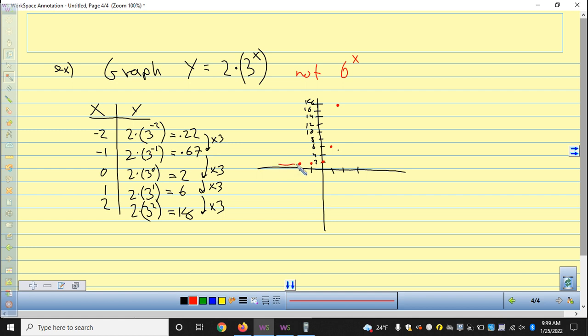So my graph looks something, oops, made my curve not quite steep enough. There we go. Something like that. This one grows pretty quickly.